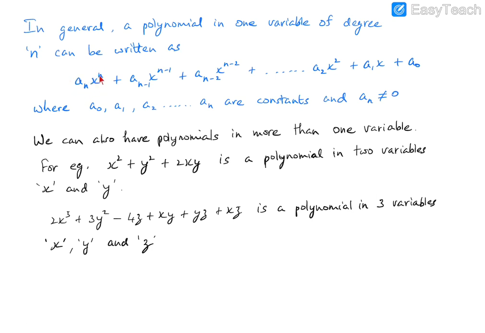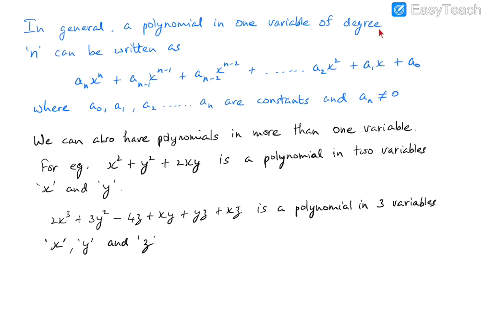So the coefficient of x power n, we will denote it as a n. The coefficient of x power n minus 1 is a n minus 1, and the coefficient of x power n minus 2 is a n minus 2, and so on and so forth. Similarly, the coefficient of x squared is a2, the coefficient of x, we'll call it a1, and the coefficient of x power 0 is a0.